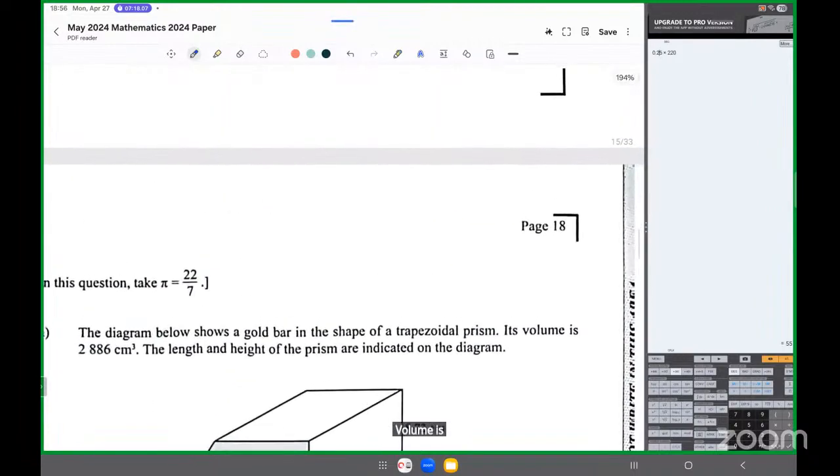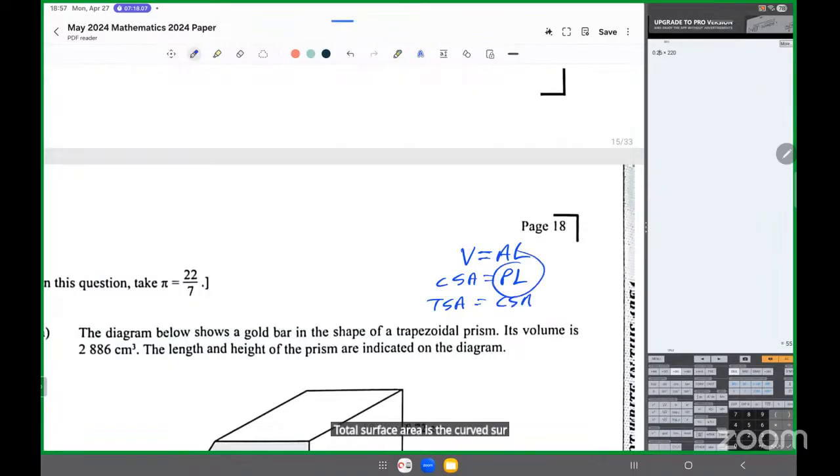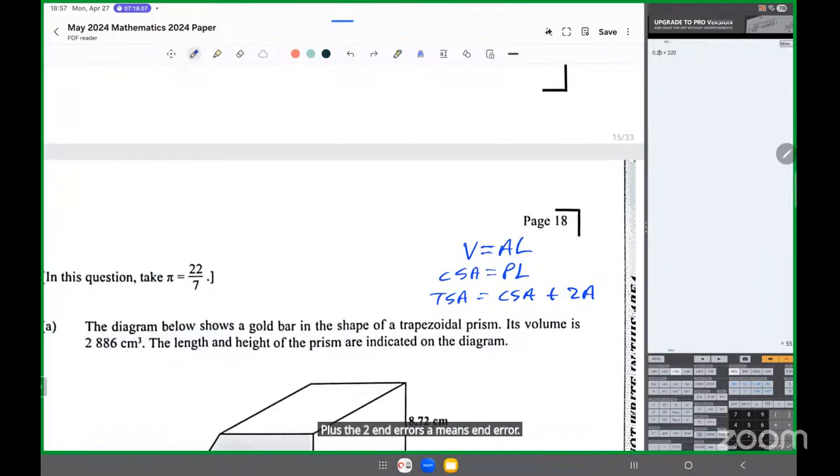The three formulas are these. Volume is cross-section area times length. Curved surface area is perimeter of the end times the length. Total surface area is the curved surface area plus the two end areas. A means end area, which is the cross-sectional area.